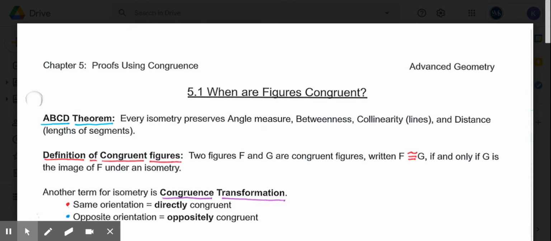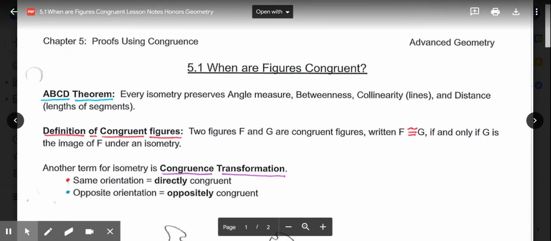In this lesson, we're going to lay the foundation of our definition of congruence and some of the related theorems or properties. The first thing we want to look at is the ABCD theorem, which is based on a lot of what we did in chapter 4.